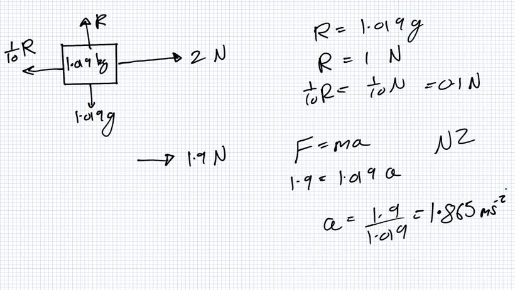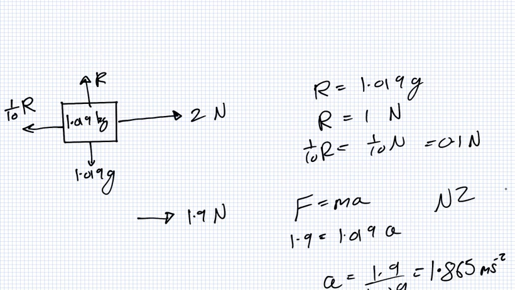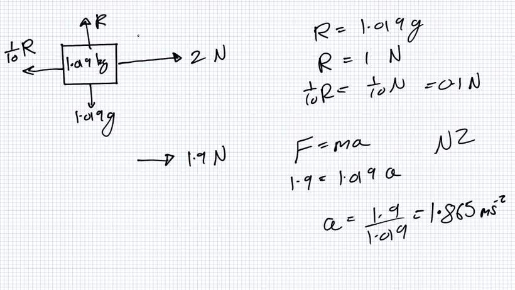Now part B is what's the acceleration of the block if it's at an angle of 20 degrees. So let's make the changes on this diagram. If it's at an angle of 20, then this would be 2 cos 20, and this one here would be 2 sine 20.